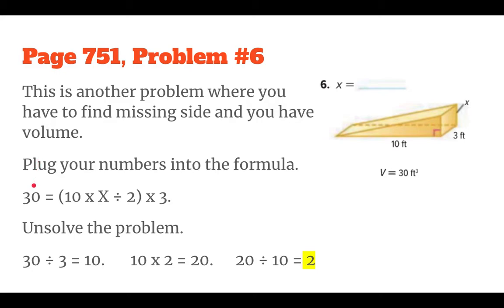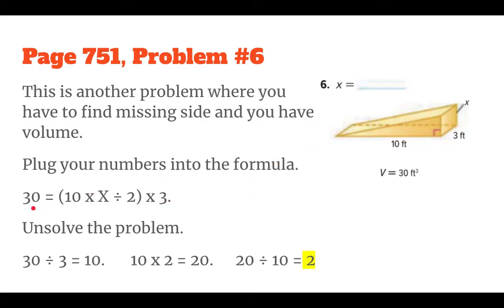So, to find the base, what they mean by base is the area of the triangle. So it's 10 times this missing number x. So I got this 10 right here, base of the triangle, times the missing number x divided by 2. And then I would times it by the height of 3.